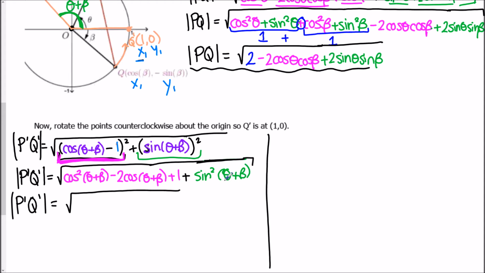So I'm going to copy this down in a different order: cosine squared theta plus beta, plus sine squared theta plus beta. So I'm done with those two terms. I'm going to copy down the one next to it, and then I'm going to copy down just this minus 2 cosine theta plus beta.